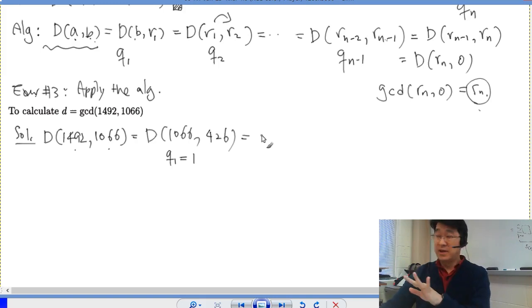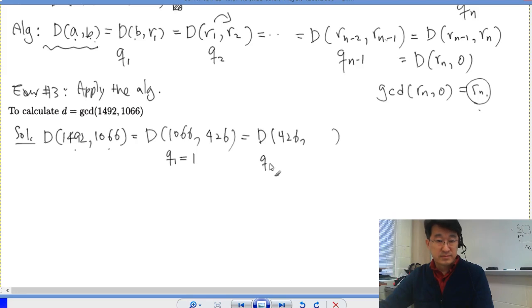Someone else get the second one. Let me have it. This is so convenient. 214 sounds familiar. Yes, quotient 2. Anybody second that?